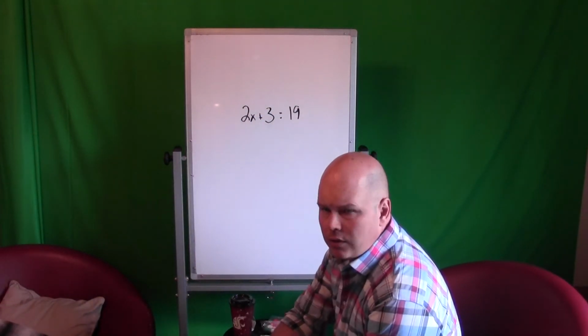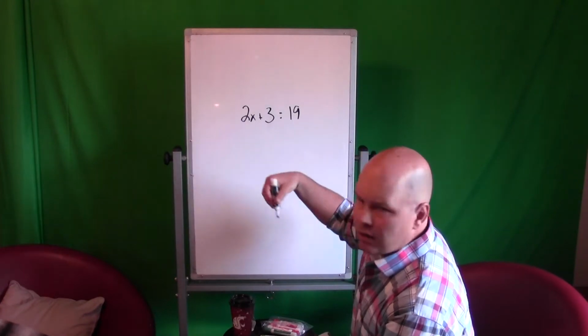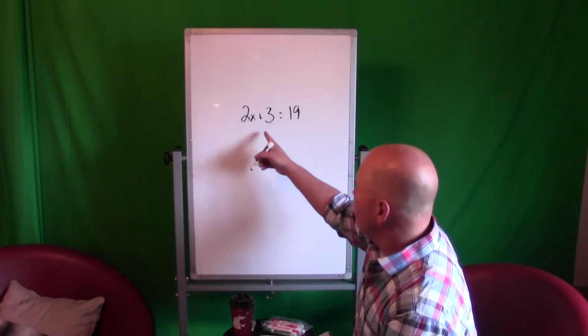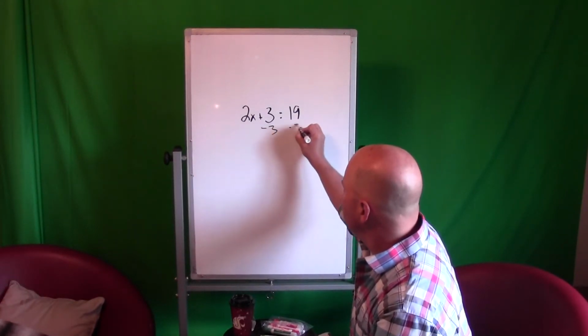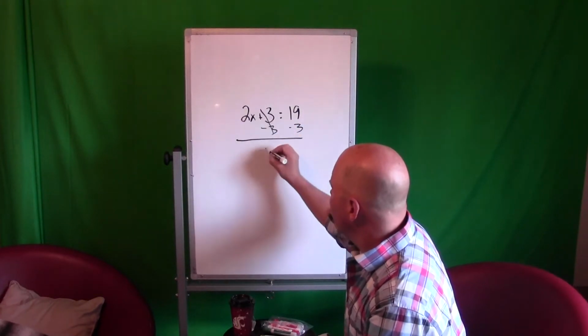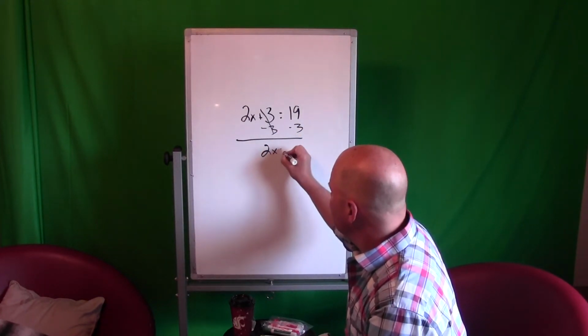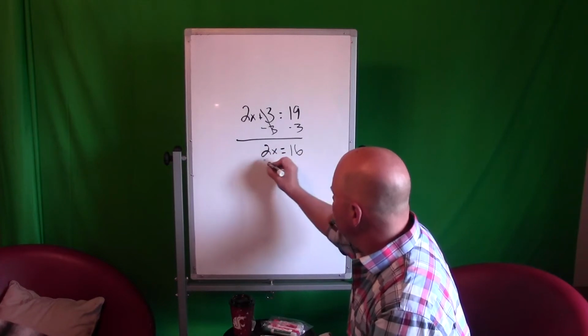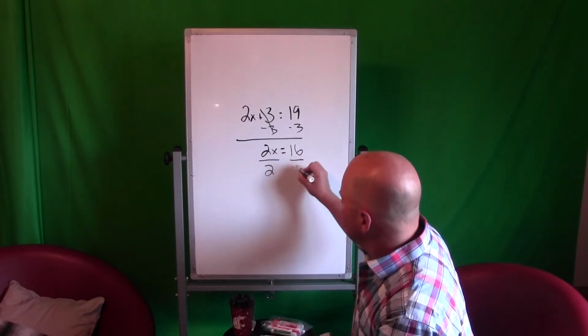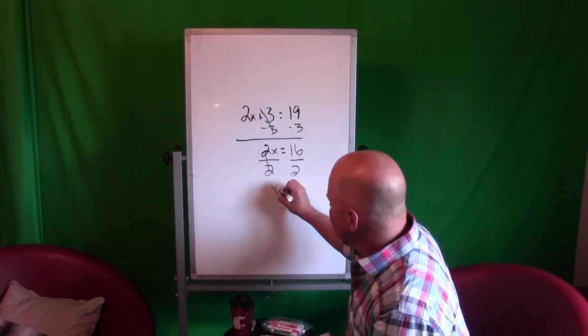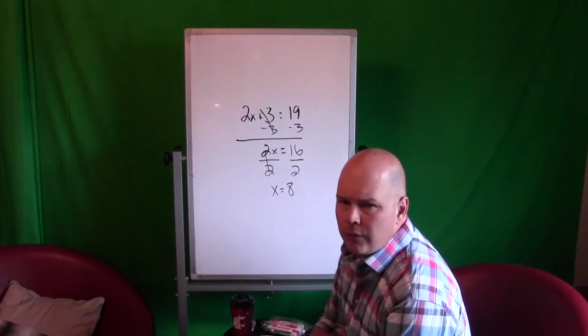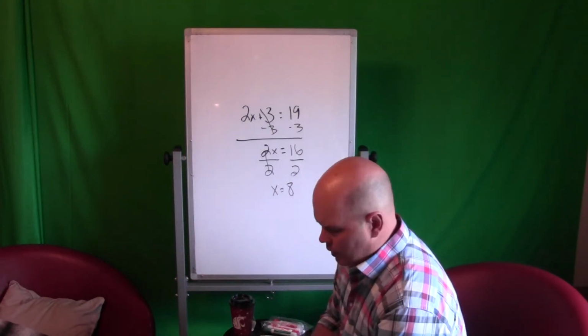So that's my equation, and I solve it the normal way. I'm going to move my 3 to the other side, and I'm left with 2x equals 16. Divide both sides by 2. Now I've isolated my x, and I have x equals 8.